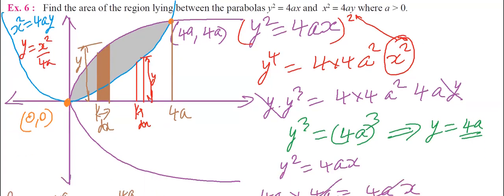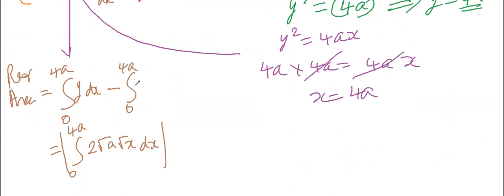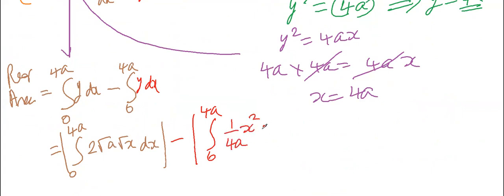So that is what I will write here now. This is again y dx. Minus mod, so it will be integration 0 to 4a, then 1 upon 4a and x square dx, and then you are going to take the mod. Now you are going to solve this to get the answer.